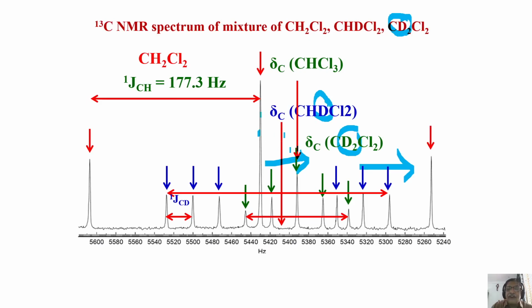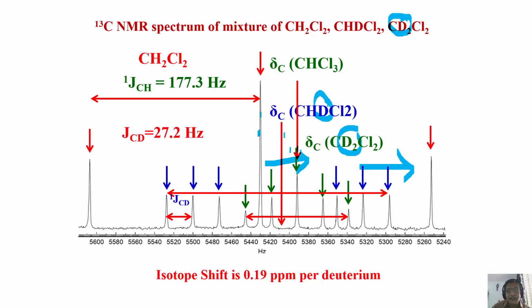So the more heavy isotopes are substituted, the larger the shift of the spectrum to high field. This is what you should understand. You can calculate per deuterium substitution, the isotopic shift is 0.1 to 0.19 ppm, a large value.